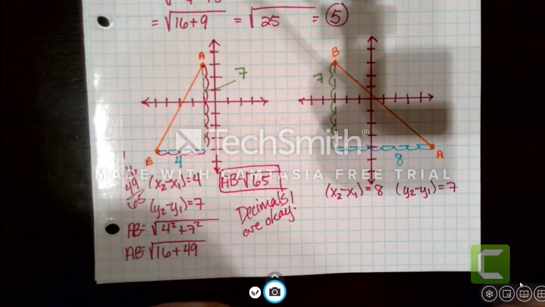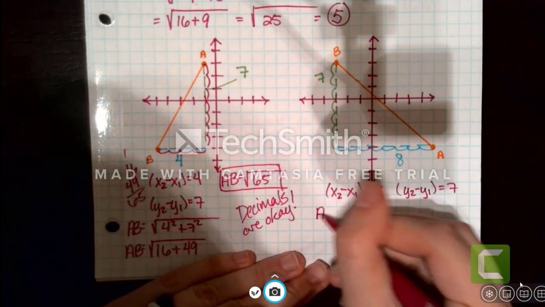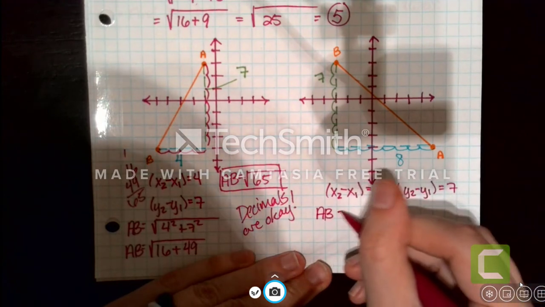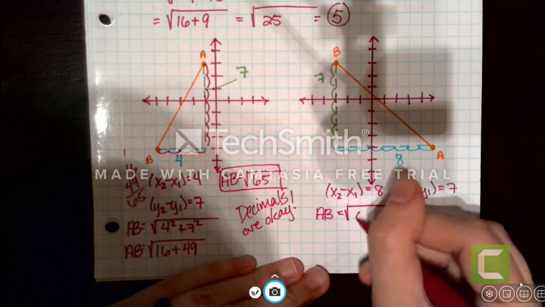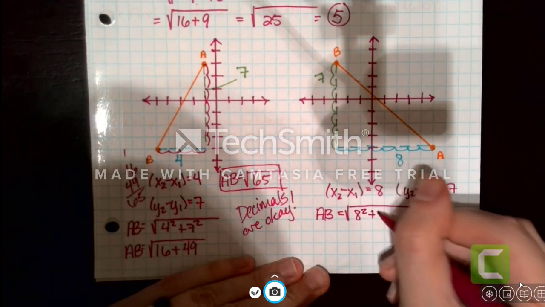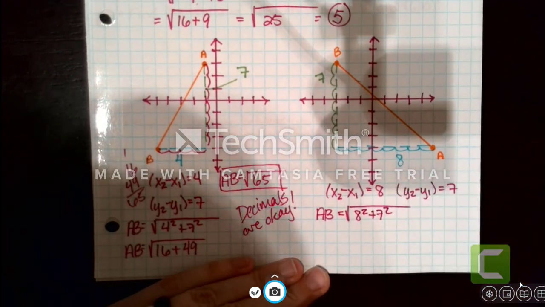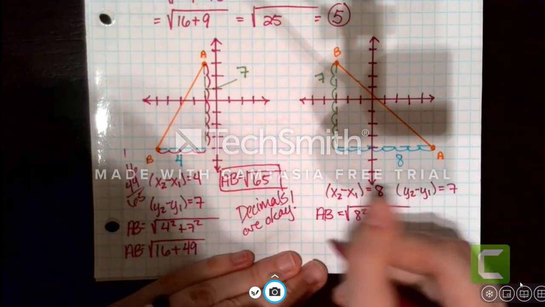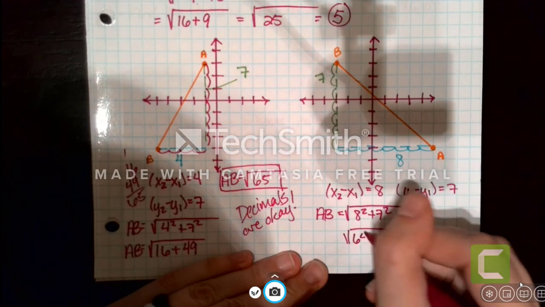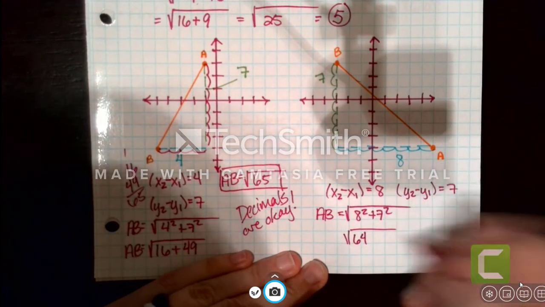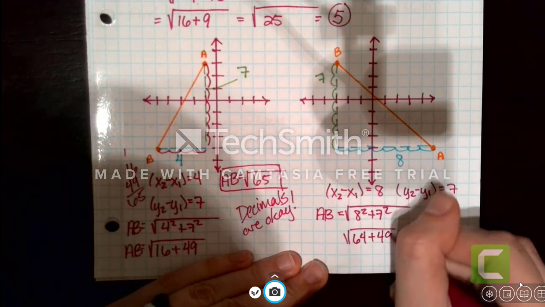Plug them into your formula. The length of AB is equal to the square root of 8 squared plus 7 squared. Now 8 squared is equal to 64, and 7 squared is equal to 49.